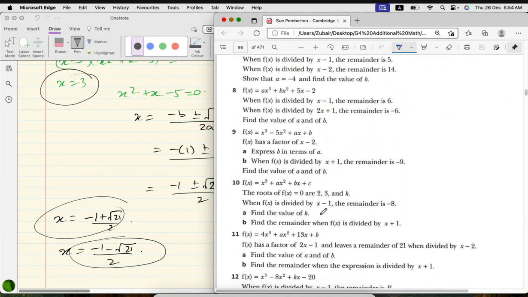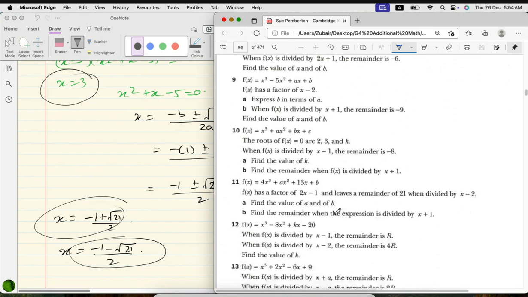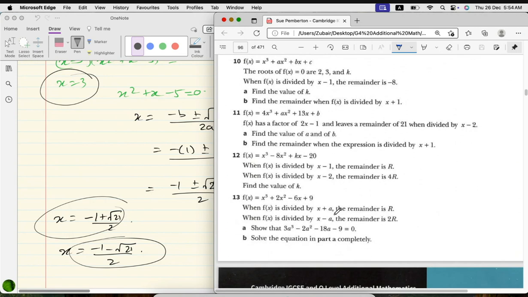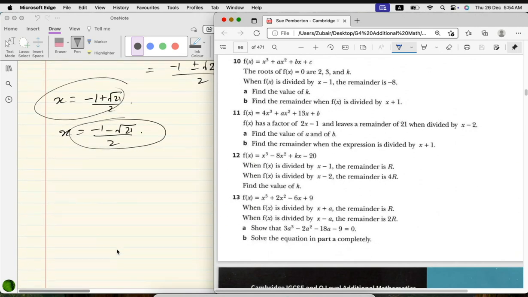Let's try number 10. That seems a little... Which question? Number 10. Okay.